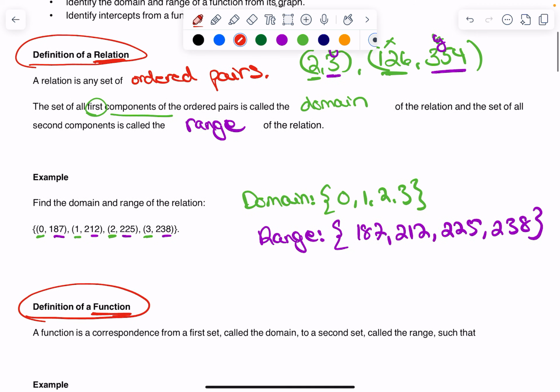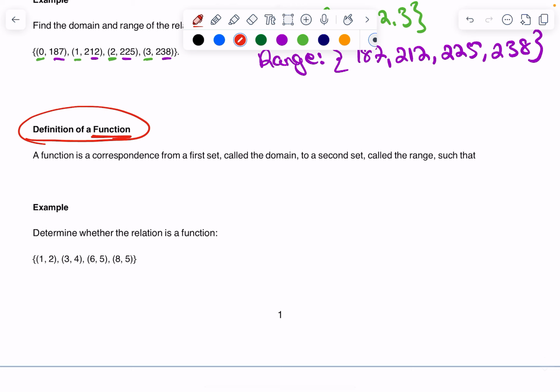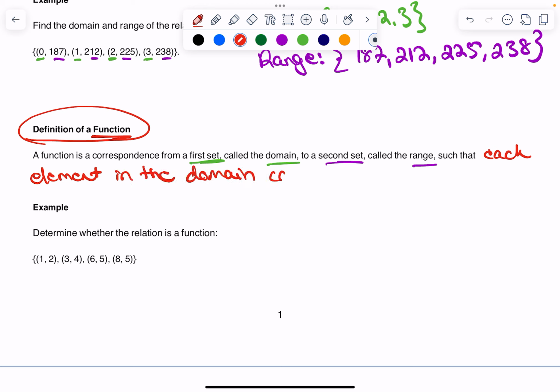A function is a correspondence from a first set called the domain to a second set called the range, such that each element in the domain corresponds to exactly one element in the range.